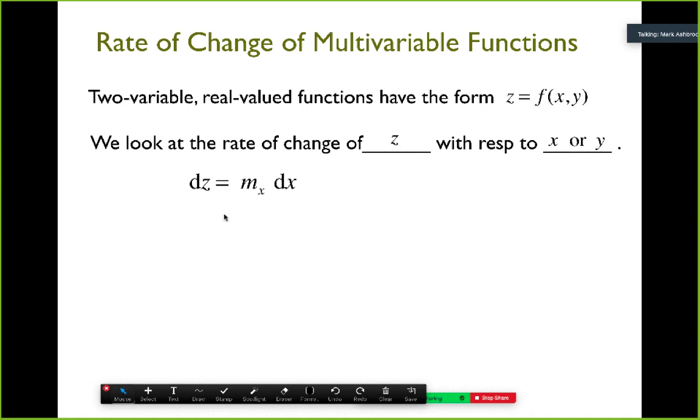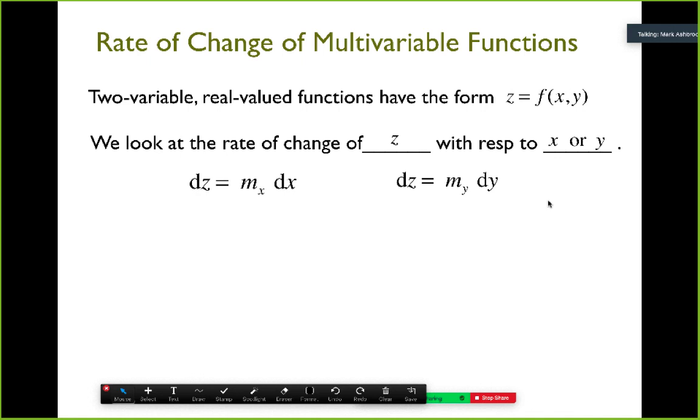So based on what we talked about in the previous slide, if our independent variable is x, then for any change in x, there is a rate of change that will give us the corresponding changes in z. Okay, and so that's one rate of change in this situation. And then similarly, given a change in y, there's another different rate of change that will give us the change in z for that change in y.